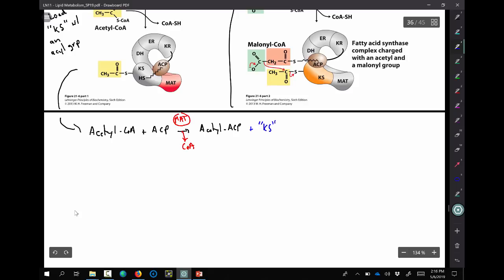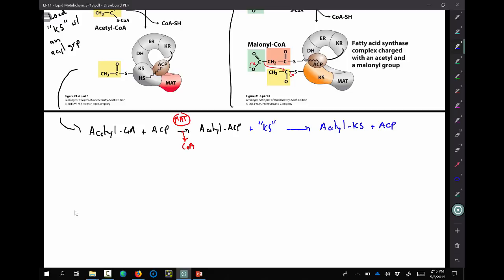KS is our domain, and we make acetyl KS plus ACP. The KS domain is what actually catalyzes that.